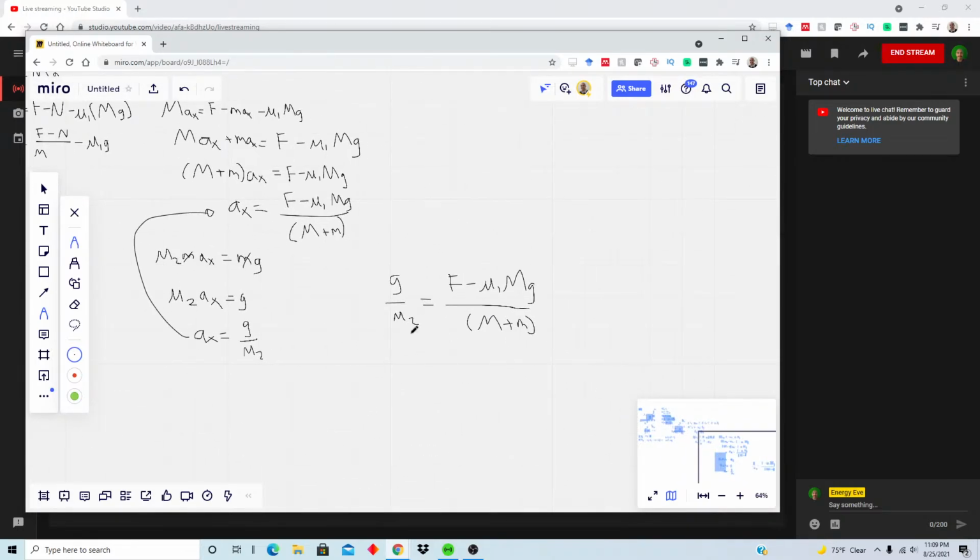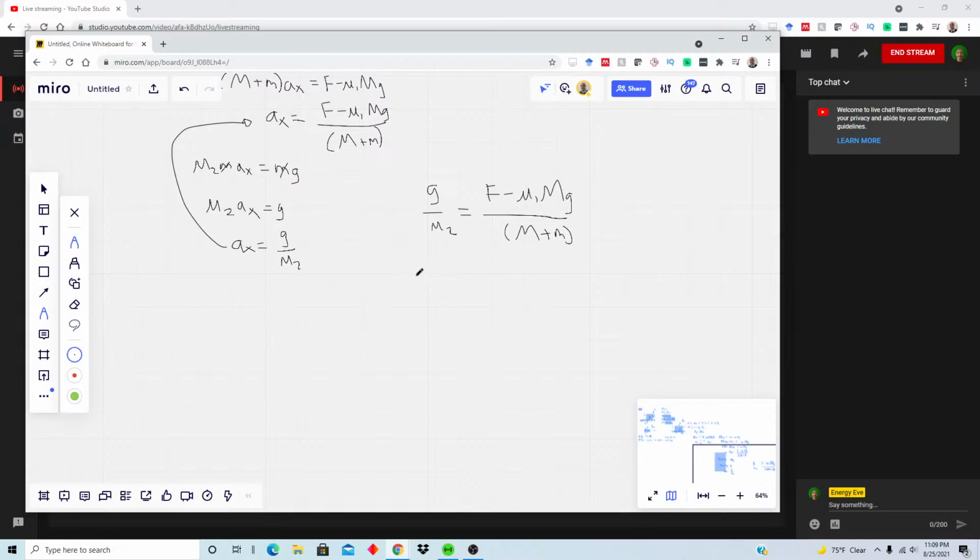And so when you end up trying to solve for this, we're going to want to multiply this out. And we'll get g over mu 2 times this is equal to f minus mu 1 mg.